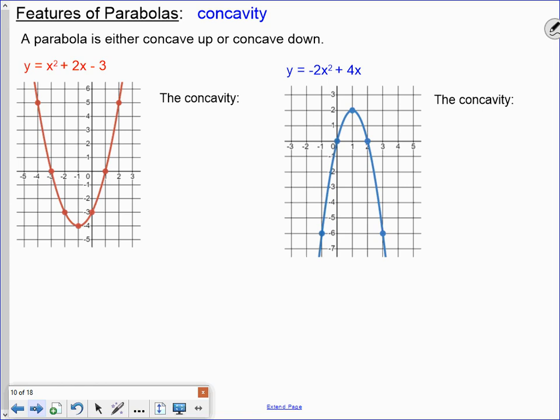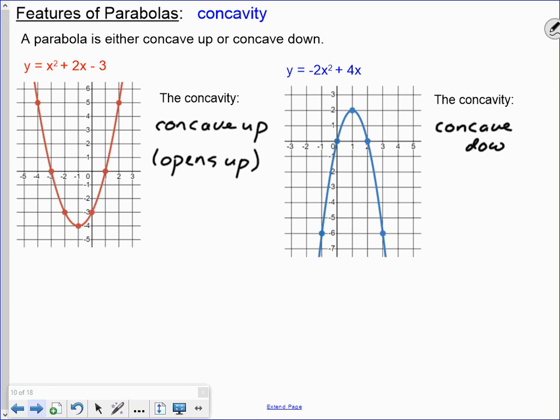So a parabola can be either concave up or concave down. So our red parabola here is concave up because that opening is in the upward direction, okay? Whereas our blue parabola over here is concave down because that opening is in the downward direction.